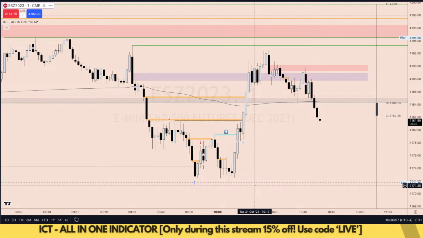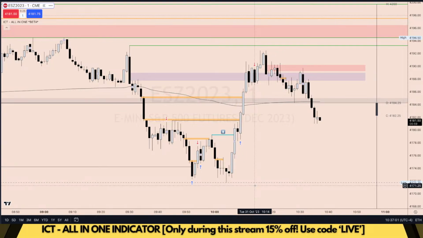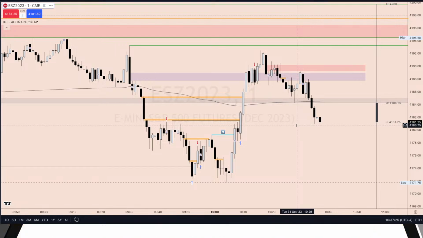I think the core reason why that's happening is because ICT is claiming to teach the algo, how the algo works, blah blah blah. We see it works, sometimes very well, and I'm not saying anything against that, but it also implements that thought of, okay, I know what the market is gonna do at every given minute, hour, second, and I think it's not that simple, to be really honest.